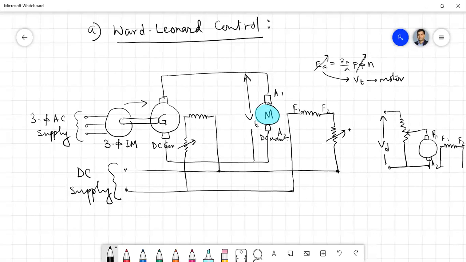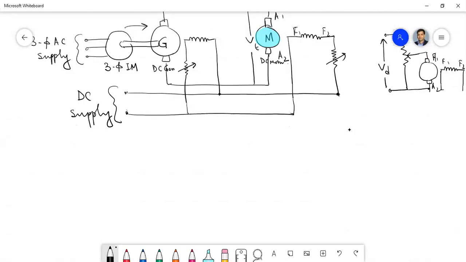One thing I should tell you: when you go for speed drives, this is DC drives that you will learn in final year classes. In DC drives, and for all kinds of drives, we generally use two terms.